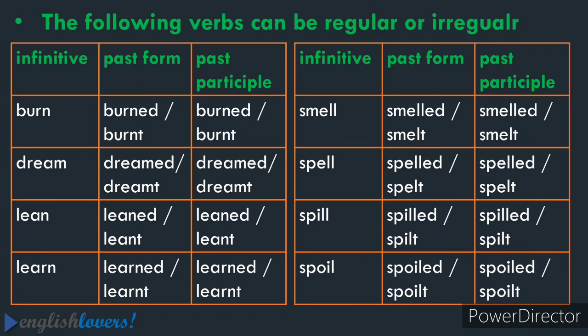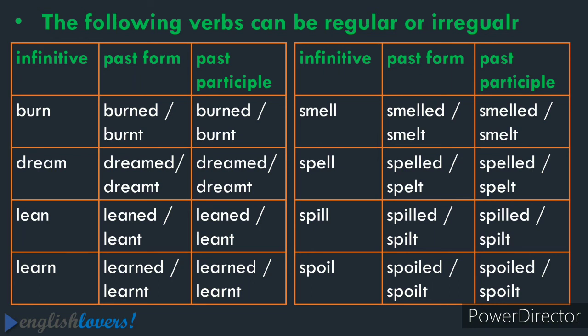Or smell, smelled, smelled, regular. Smelt, smelt, irregular. Spell, spelled, spelled, or spelt, spelt. From this there is a very particular word, that is spelling. Spill, spilled, spilled, or spilt, spilt.